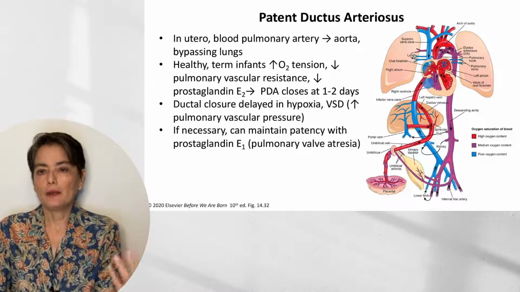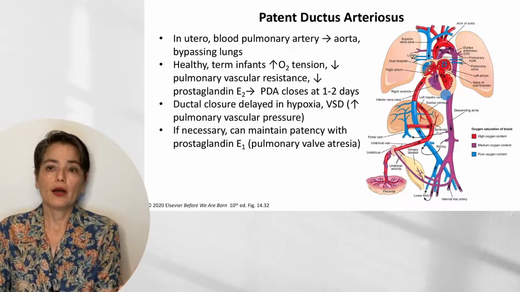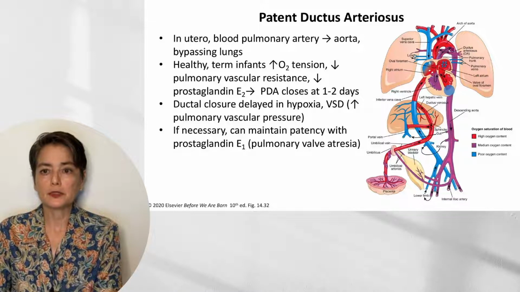Now, if in the perinatal time the infant experiences hypoxia, or if the infant has a ventricular septal defect, this is going to increase our pulmonary vascular pressure and sort of slow down or impede the closure of the ductus arteriosus. And so this may remain patent.